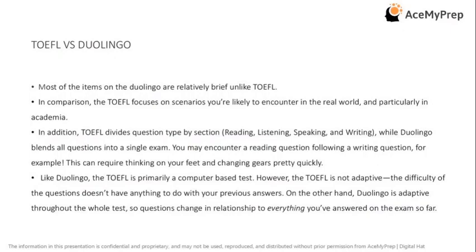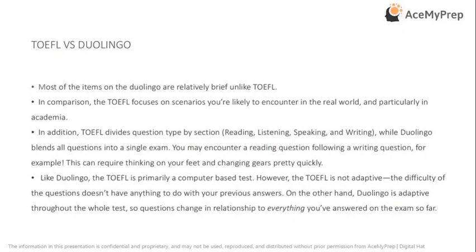And now, with the universities demanding it, they have to go for the Duolingo test. But it is very important for them to understand how TOEFL and Duolingo are related, so that they can judge themselves. If you were giving IELTS or TOEFL mock tests before, you can judge how you're going to score in the Duolingo test.